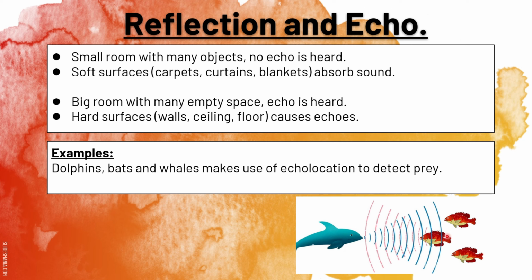The moment it strikes prey, for instance the fish, it's going to bounce back and then return all the way back to the dolphin, and then the dolphin can detect whether the prey is close or further from him. So that's echolocation. Once again, an echo generates a sound, it strikes an object, and then it travels right back to the source so that the source can determine where its prey is.